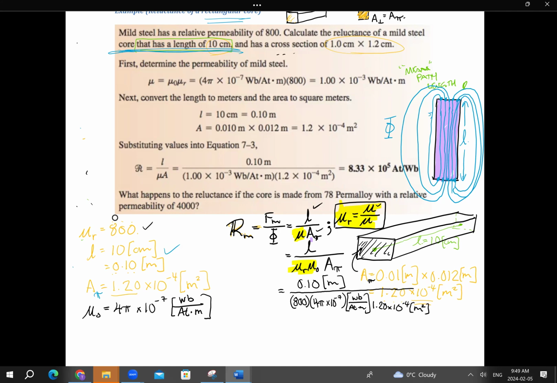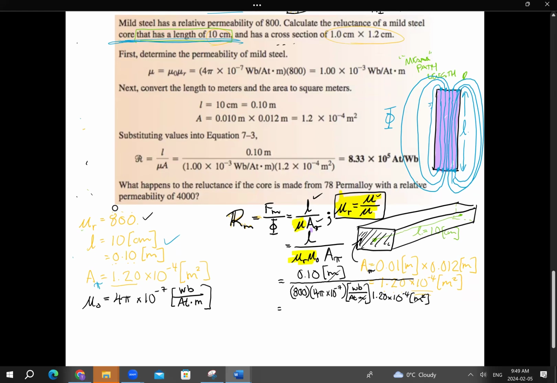Okay, now I see that I have a meter squared here that can cross out with this meter and this meter, giving me 8.33, to 3 significant digits, times 10 to the 5, pretty big number, amps. I like keeping the turns in there, per meter. And this is our answer. And this is the same thing that this textbook got here. So that makes us happy.